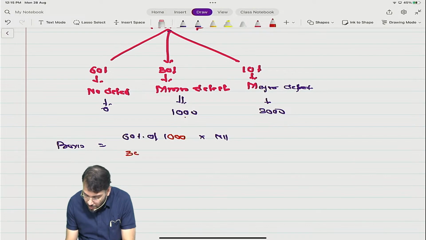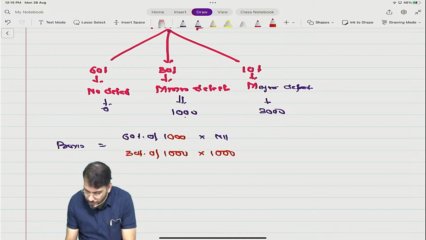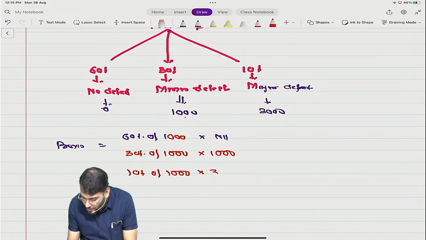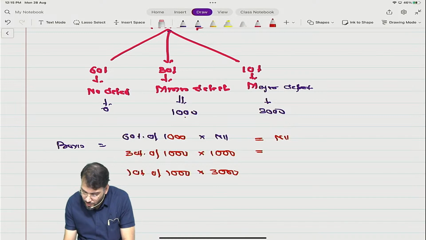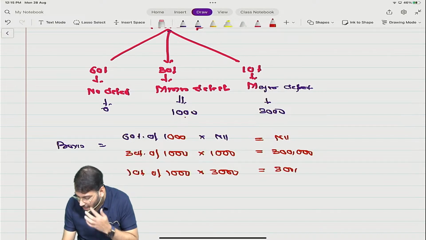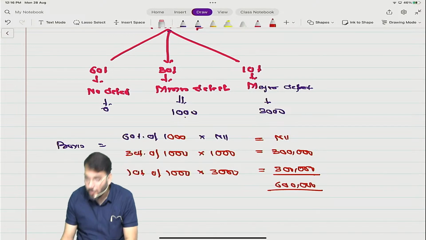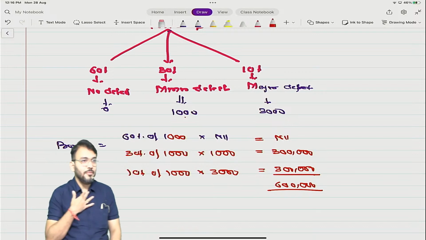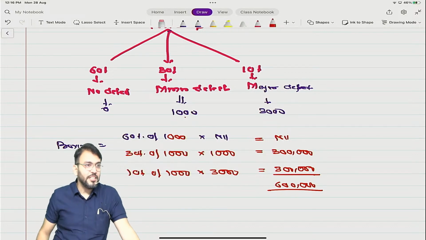Then 30% of 1000, but amount is 1000, and 10% of 1000 into amount 3000. This is nil. This becomes 300 into 1000, how much? 3 lakh. And this becomes 100 into 3000, 3 lakh. So what is the best estimate? 6 lakh, and this becomes the amount of provision. Understood? This is the weighted average of all possible outcomes.